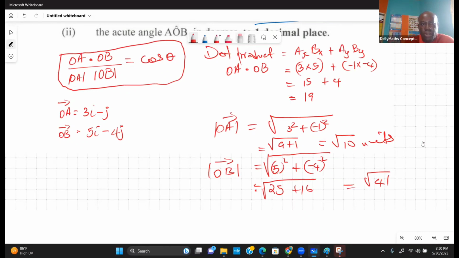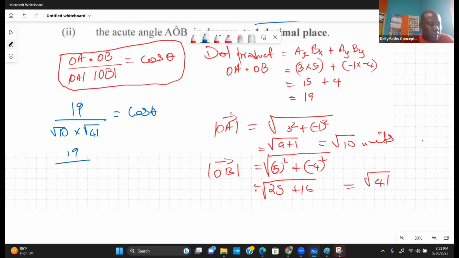What I'm going to do now is put the dot product on top, which is 19, on top of the root of 10 times the root of 41. And this is going to equal the cosine of the angle between them. So 19 over that, we could easily work out. So 19 divided by root 10.